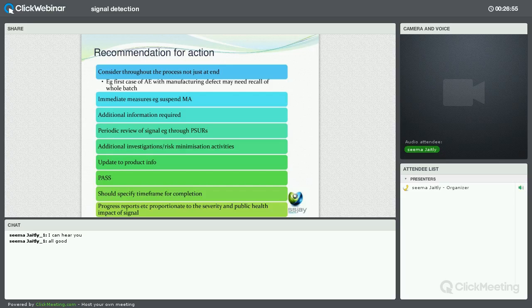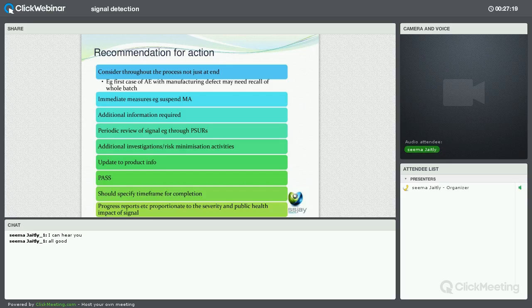It may be decided that you need more information, so maybe you need to put something else into place. Additional pharmacovigilance activities may be required. It could be that you decide that actually we're just going to review this signal periodically through the PSURs. Maybe it's now an important potential risk, which will mean that it will be reviewed regularly within your PBRA document. You might need risk minimization activities.